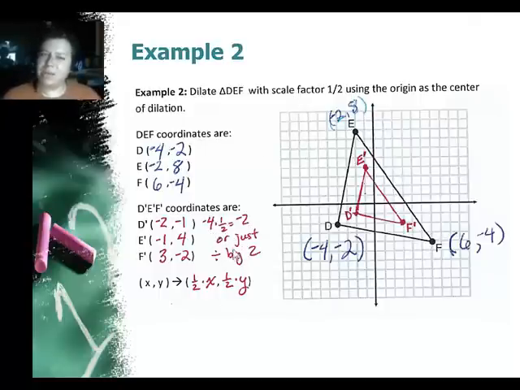It's actually a little easier to just divide by 2. So I took all of these coordinates and divided them by 2 to get the coordinates for my image. So the rule is 1/2 times x and 1/2 times y. I could have also said x divided by 2 and y divided by 2, and that would have given me the same answer.